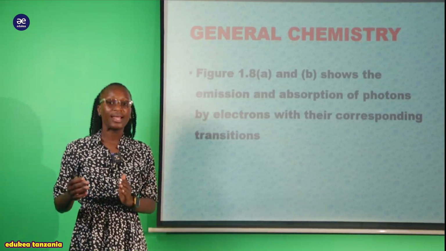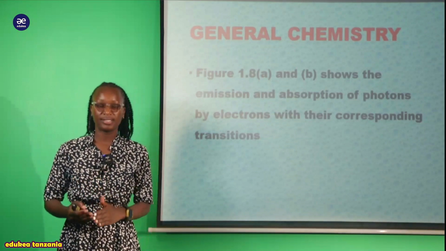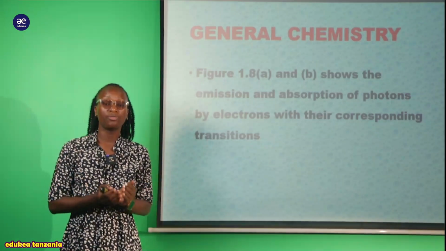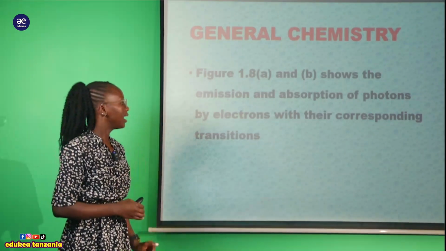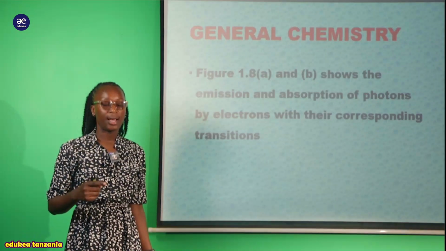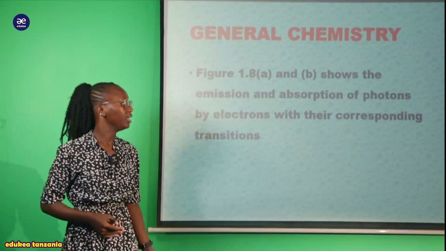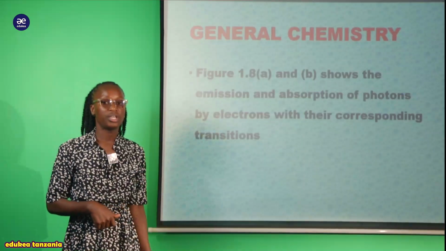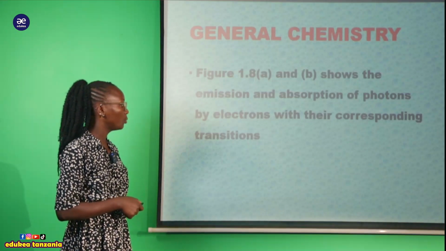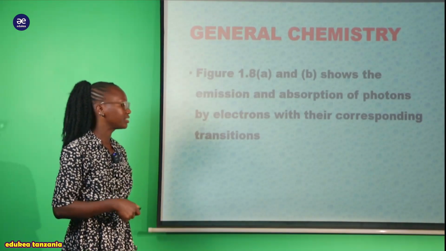Kumbuka photons tunaangalia ile emission of light and absorption of light, lakini kind of light here emitted or absorbed tunasema iko in term of photon. Sasa tunaona kwamba figure 1.8 ambapo kuna A na B inaonyesha hii absorption, lakini pia inaonyesha hii emission of this photons by electron with the corresponding transition.